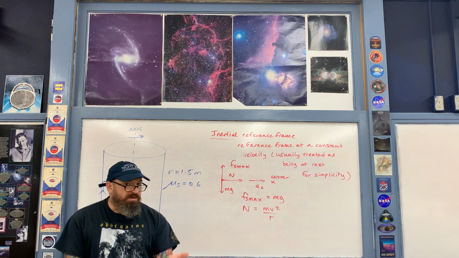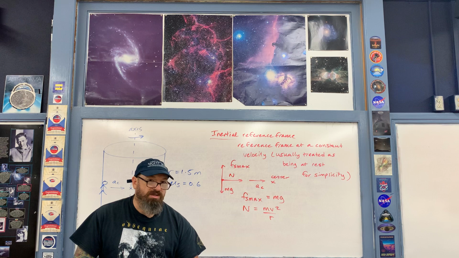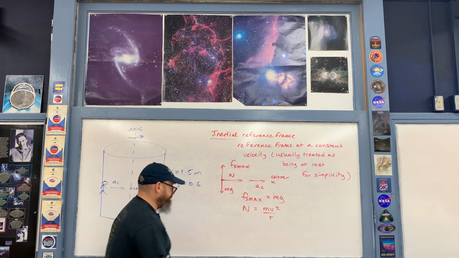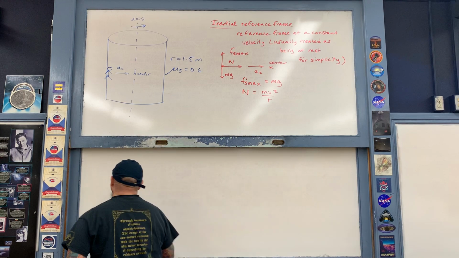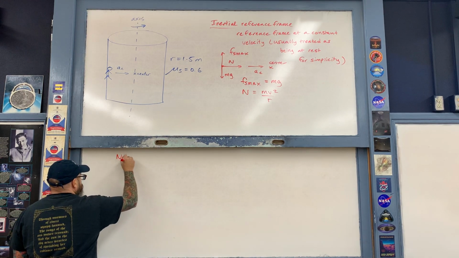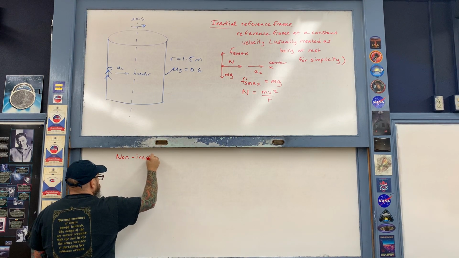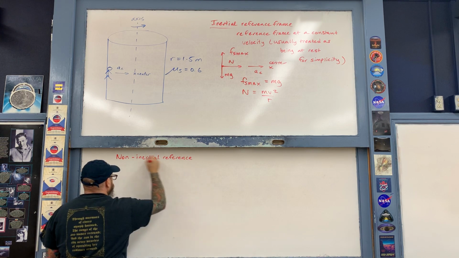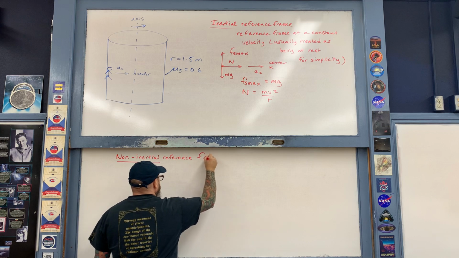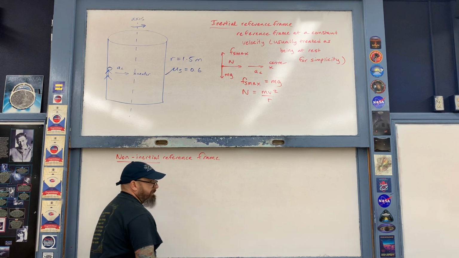However, if we think of the rotating room as a reference frame, it's what's called a non-inertial reference frame. Okay, let me describe this here on the lower board. So, non-inertial reference frame: this is a reference frame that is accelerating.